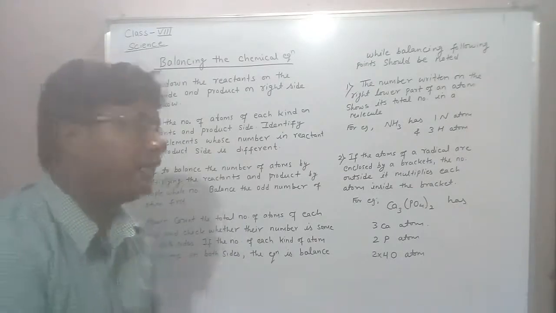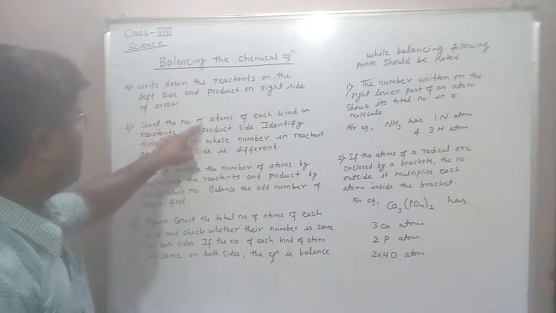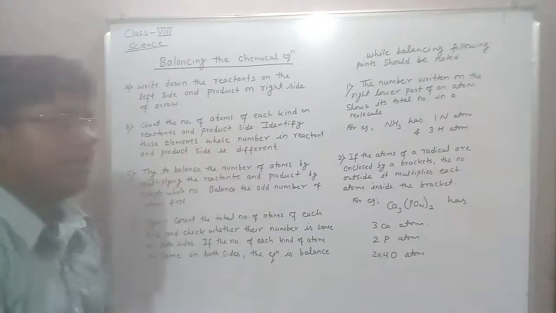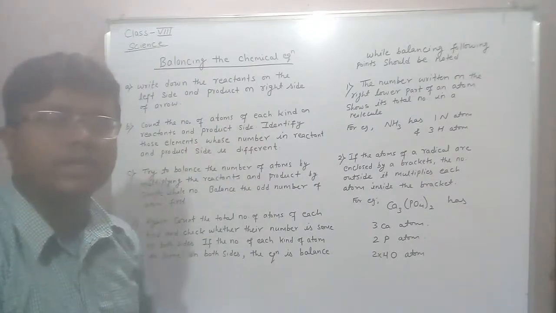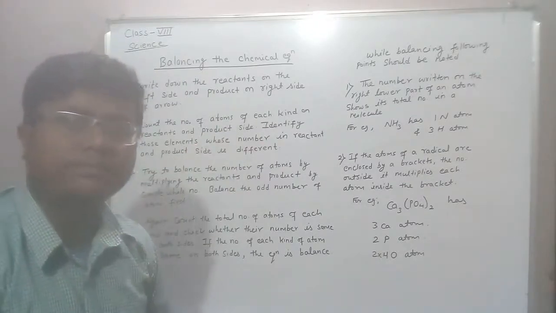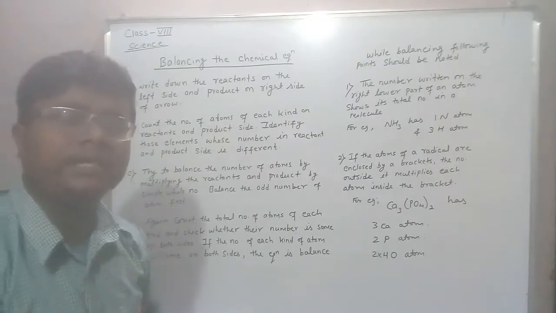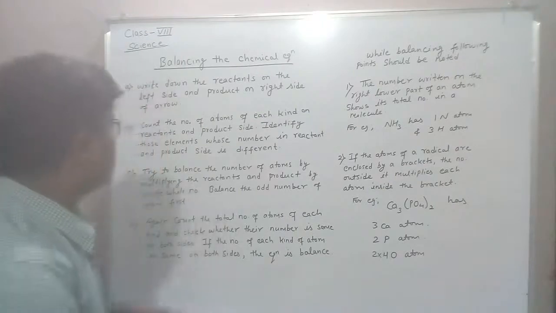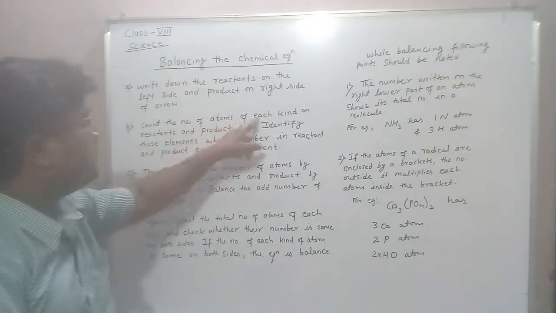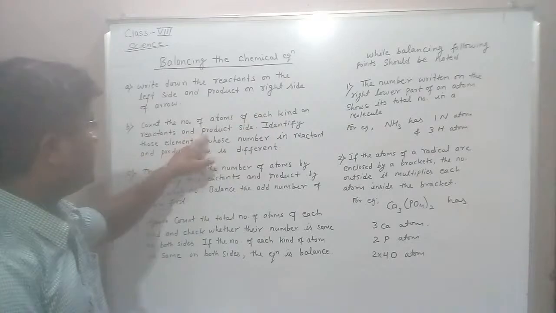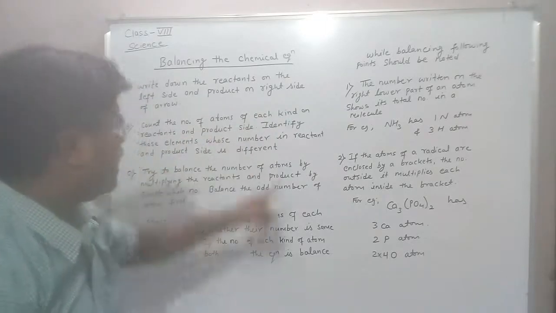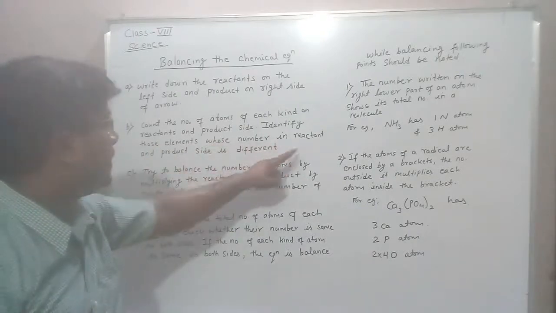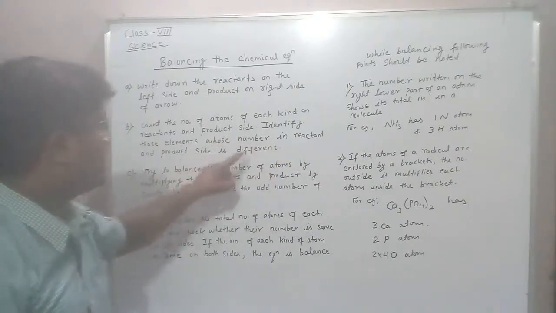After that, count the number of atoms of each kind on the reactant and product side. You have to count the number of atoms present in each molecule on the left-hand side as well as on the right-hand side. Then identify those elements whose number on the reactant and product side is different.